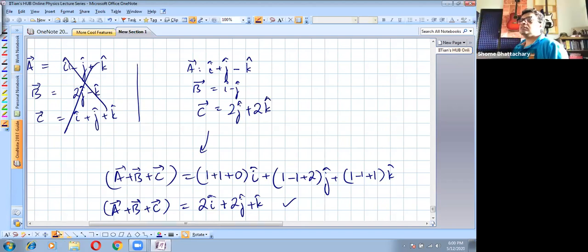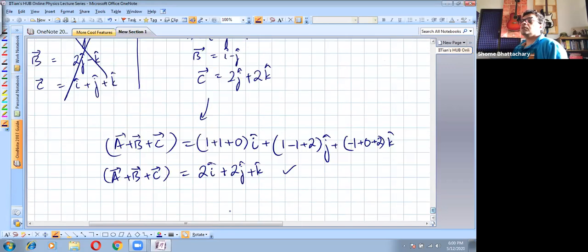So anyway, the answer is the same. This here is minus 1 plus 0 plus. So this comes out here. And finally, your mod of a plus b plus c will just become square root of x component square plus y component square plus z component square. That is root of 9.